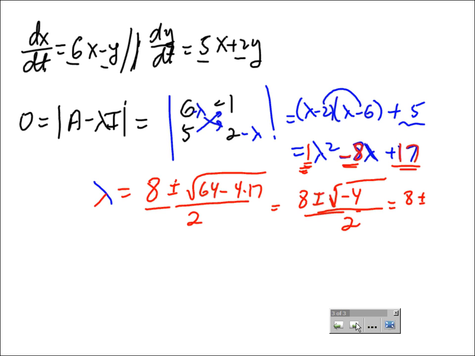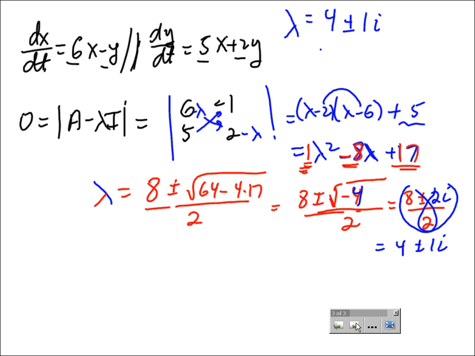You have 8 plus or minus the square root of negative 4 over 2. The square root of negative 4 is 2i. This division gives us 4, and that division gives us 1i. So lambda is equal to 4 plus or minus 1i. That's called alpha, and that's beta.